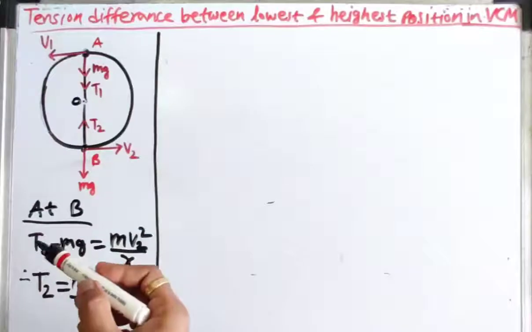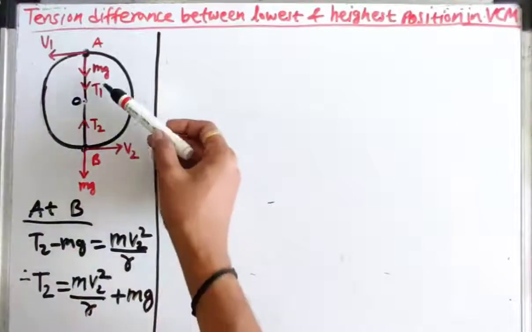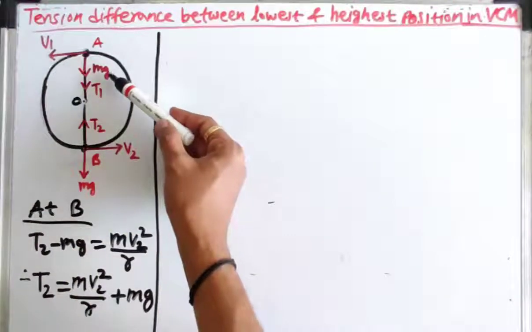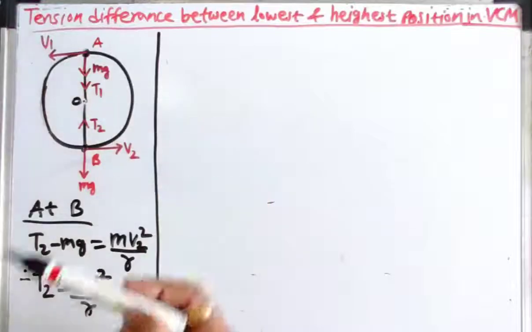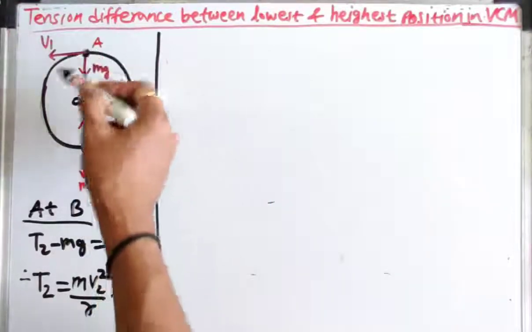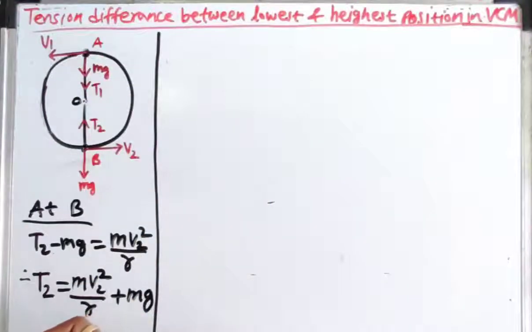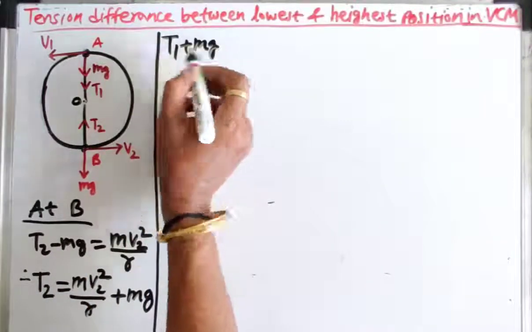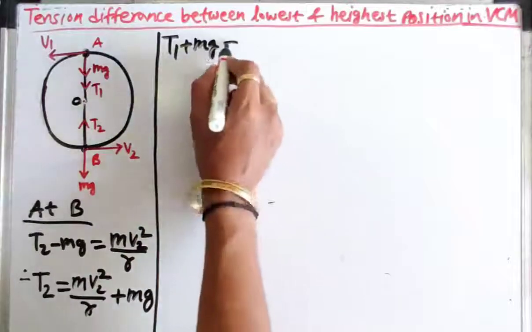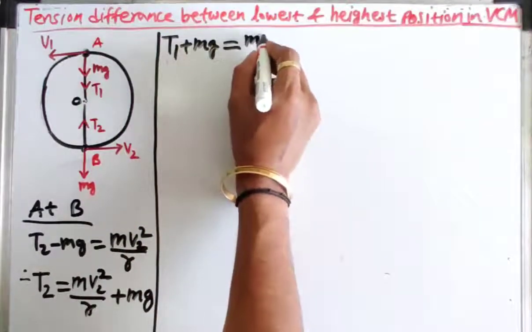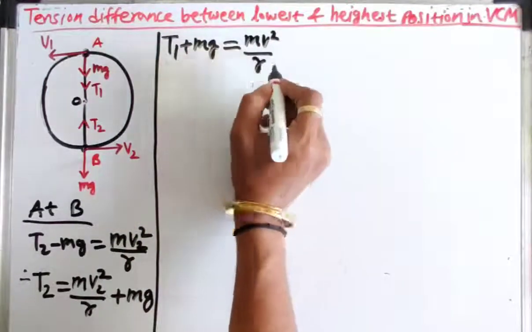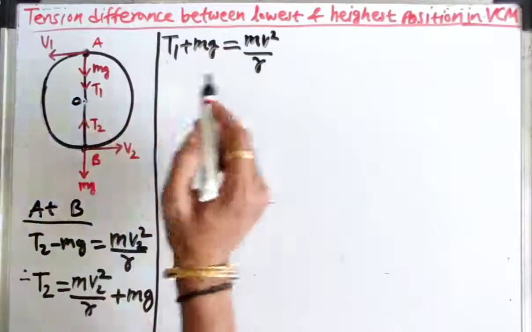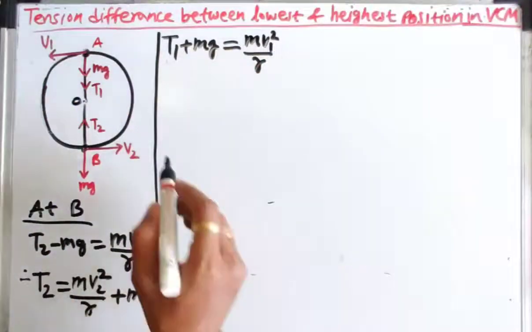Similarly, if we look at the highest position, we can see the tension in the string T1 and mg are both directed in the same direction, and the resultant of these two is given by the centripetal force. So we can write T1 plus mg, because both of them are in the same direction, gives the resultant force as the centripetal force, that is mv square upon r, but here we have assumed v1, so this is v1 square.